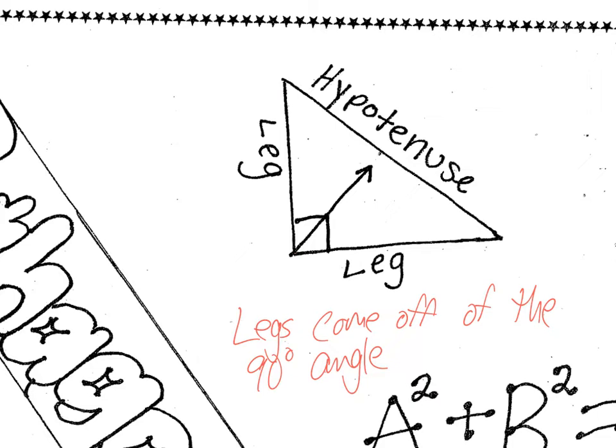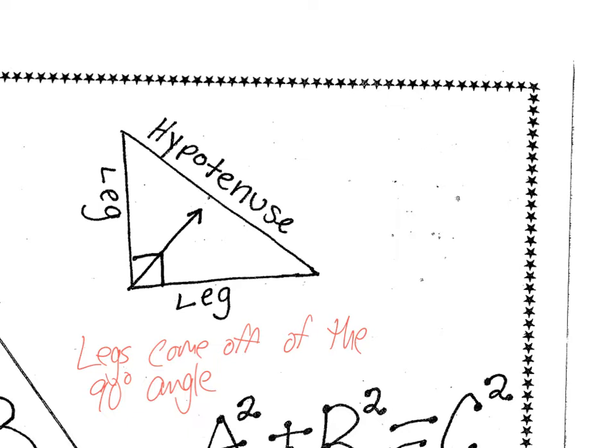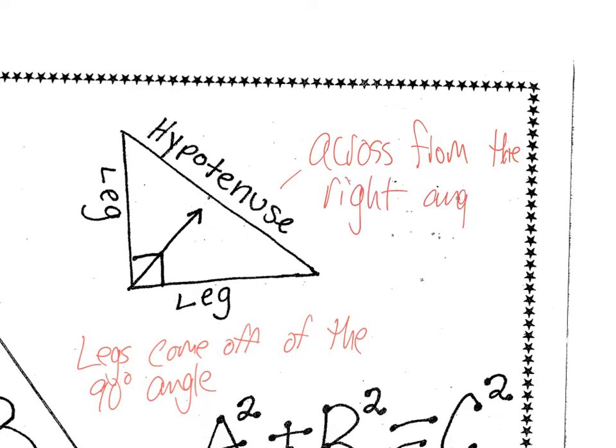Then we have what we call the hypotenuse, and the hypotenuse is across from the right angle. So the hypotenuse comes across from the right angle, and the legs are the two parts coming out from the 90-degree angle, or the right angle. The hypotenuse is also going to be your longest side.